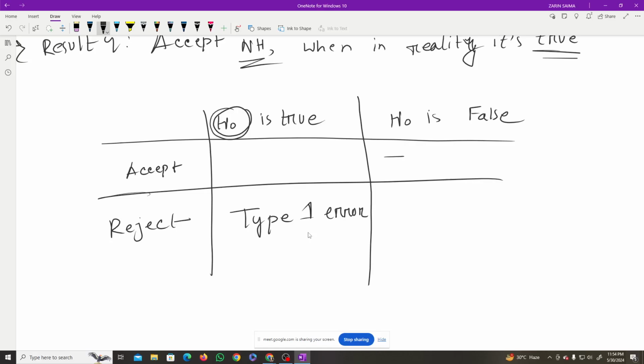So in that case, that is type 2 error. And the rest of the part is okay, because yes, we are making the right decision, and in this case we are also making the right decision. And this is known as true negative.